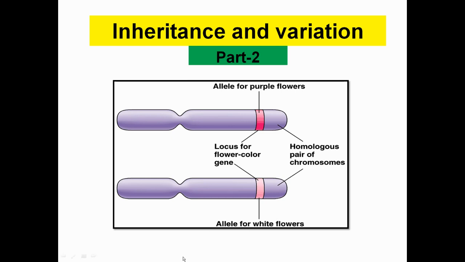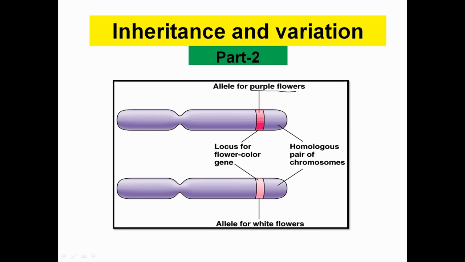First of all, you need to understand the term allele in respect of chromosome. As you can see, a set of homologous pair of chromosomes is being presented along with demarcation of a particular gene which controls the flower color.